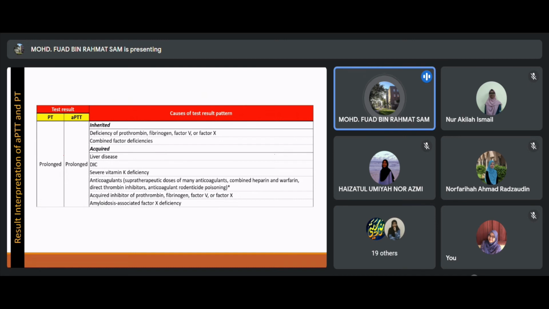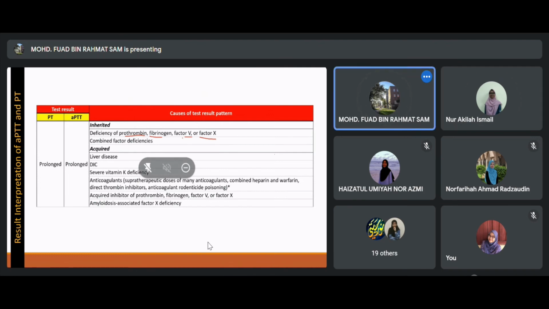Obviously kalau dua-dua ni prolong, recall balik, deficiency of prothrombin, fibrinogen, factor 5, factor 10. Ini semua dalam which pathway?